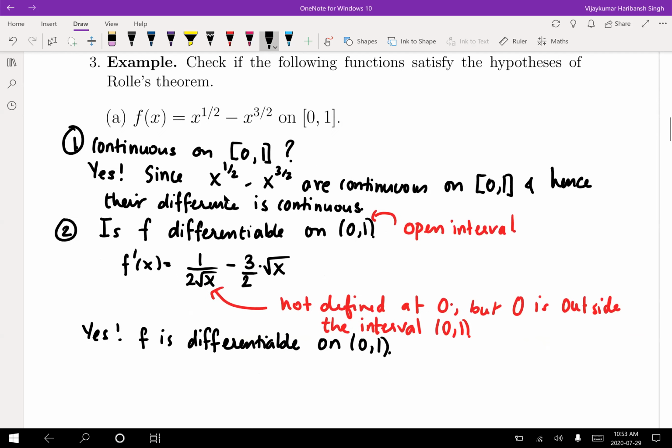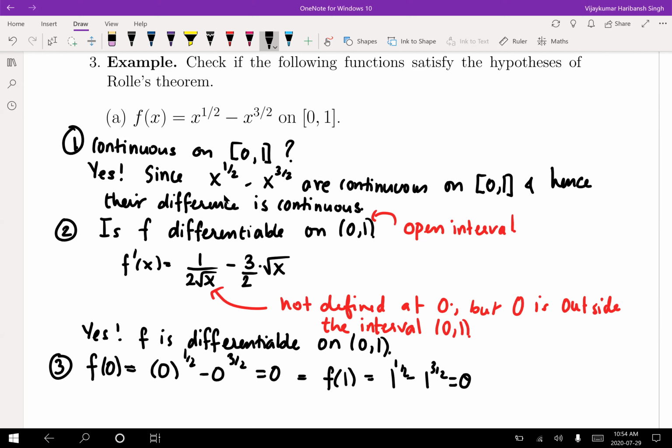Now third, what is f(0)? f(0) is square root of 0, so 0 to the power 1/2 minus 0 to the power 3/2, which is 0. And that is equal to f(1), right? Why is that? Because 1 to the power 1/2 minus 1 to the power 3/2 is also 0.